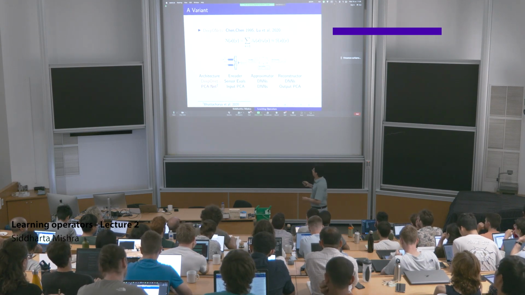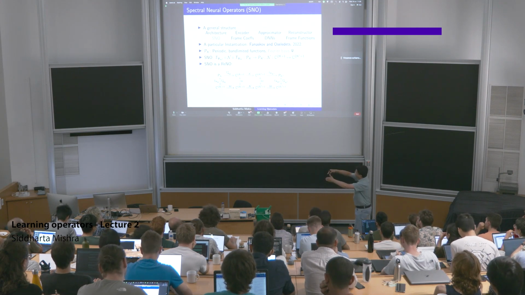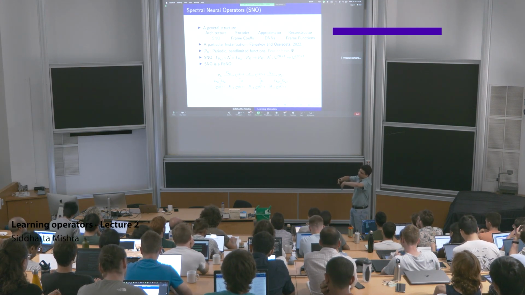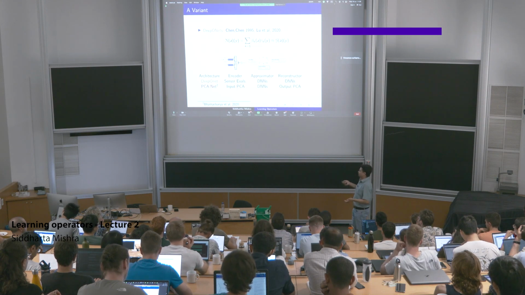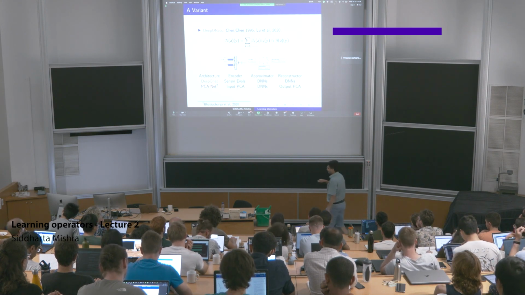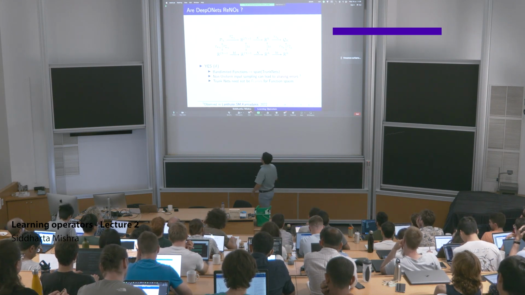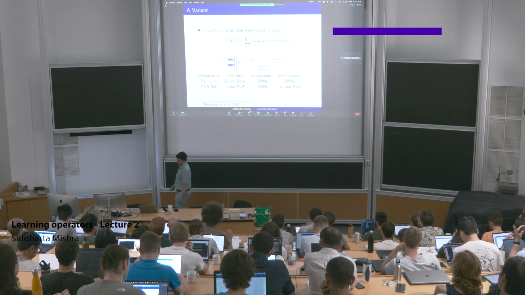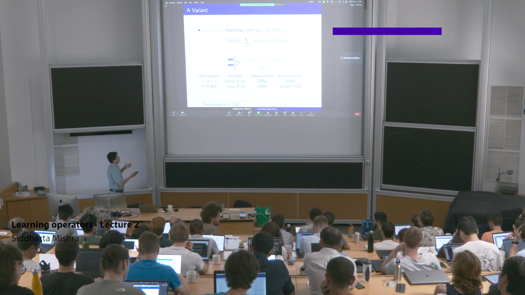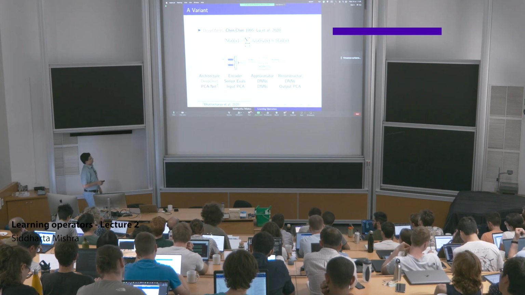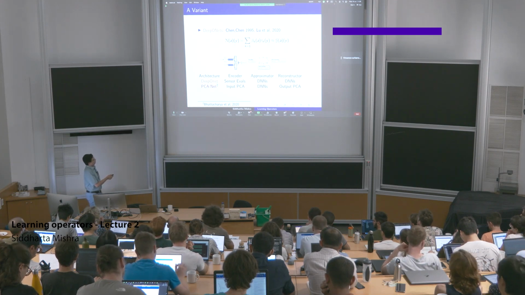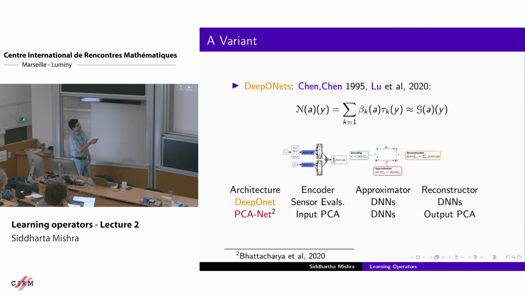You see how this comes about, that there is a very natural way in which you can go from a fixed basis to a learned basis. There is a generalization or a variant of it, which is called the PCA net, where instead of using point-wise evaluations, that is, sensor evaluations, you use PCA.